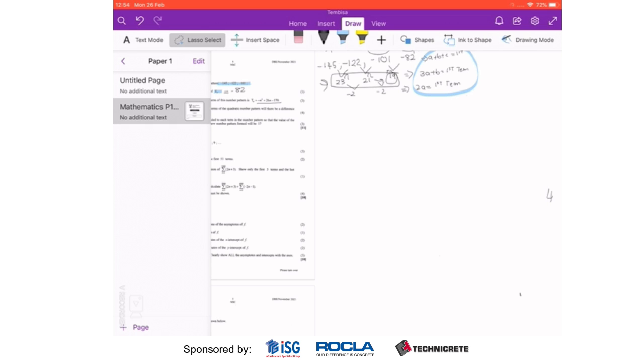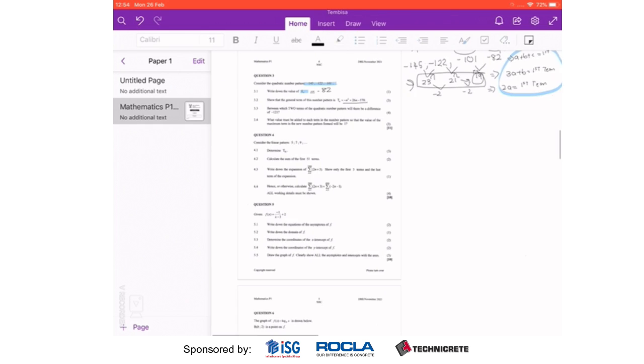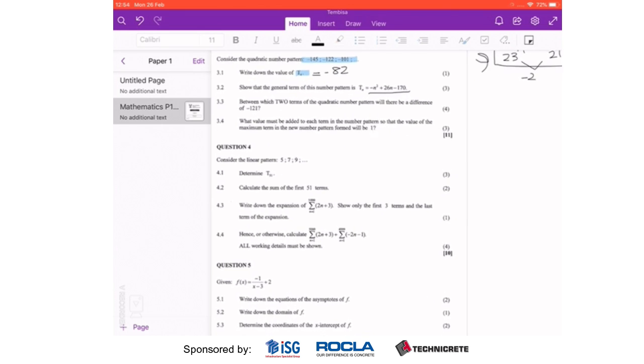The last question says, what value must be added to each term in the number pattern so that the value of the maximum term in the new number pattern will be 1? I'm going to read that again. What value must be added to each term in the number pattern so that the value of the maximum term in the new number pattern formed will be 1? So what do we know about maximum term?